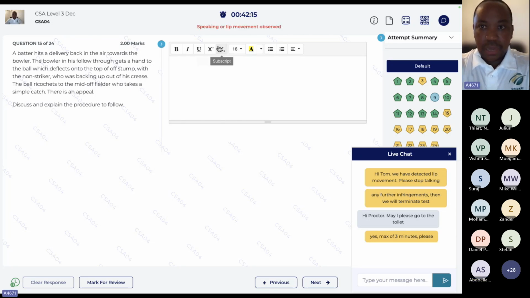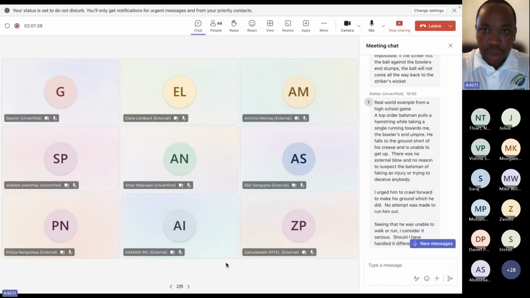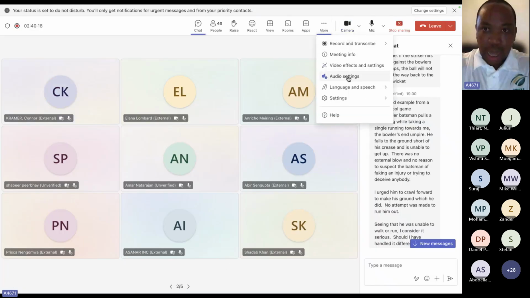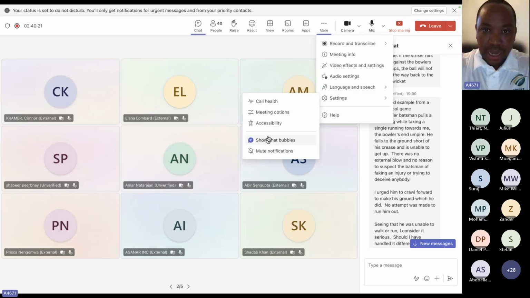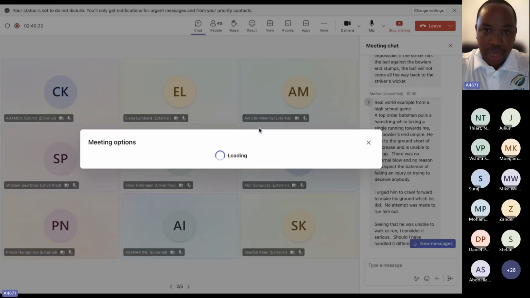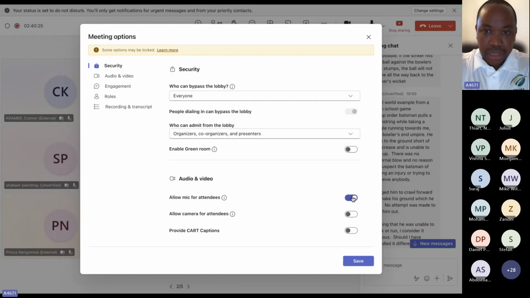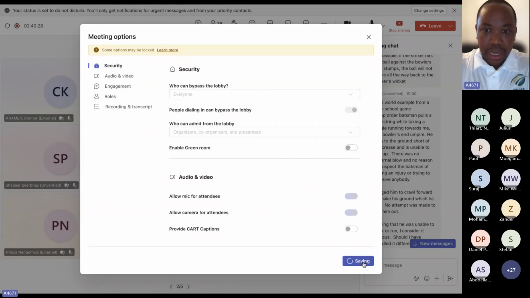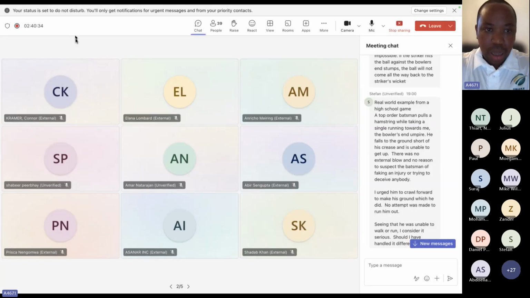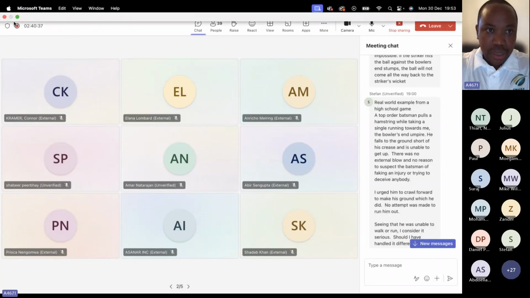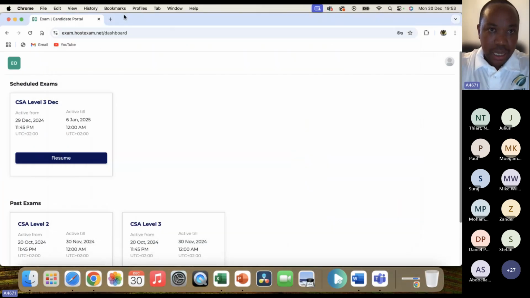Thanks. Okay, great. What I will do as well is, right now I'm going to allow users or candidates to be able to activate their microphones and their cameras. If there are any questions that are directed or related to the exam process, this is a good time to ask while we are going through the demonstration.